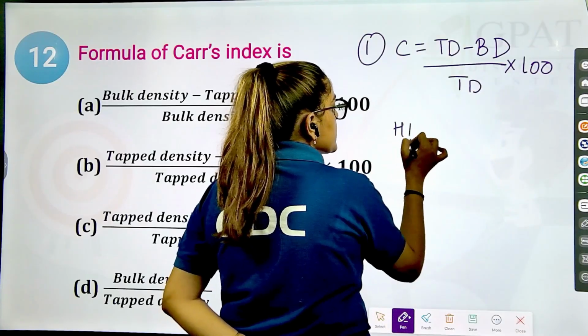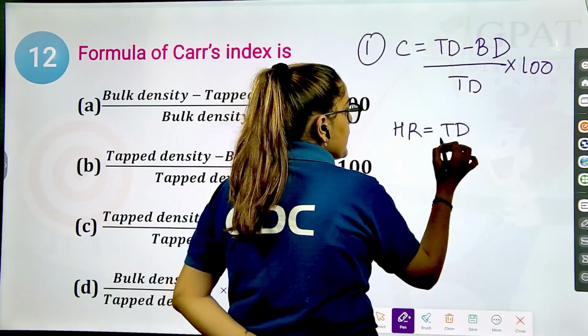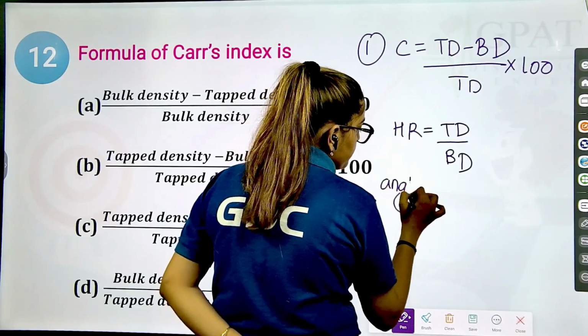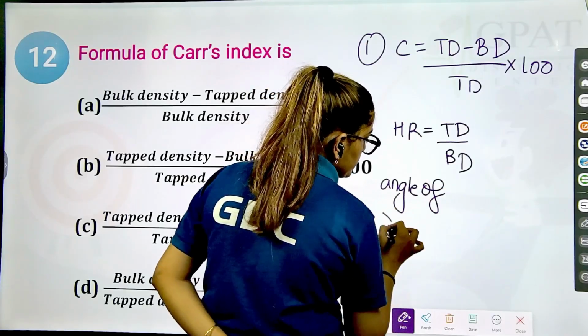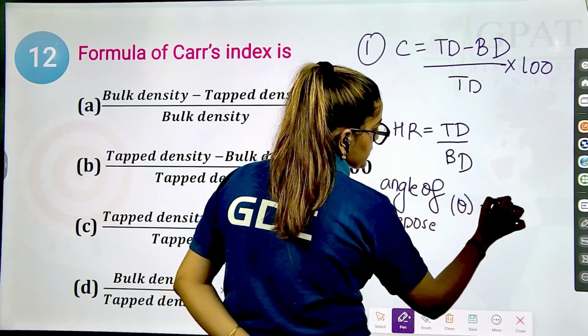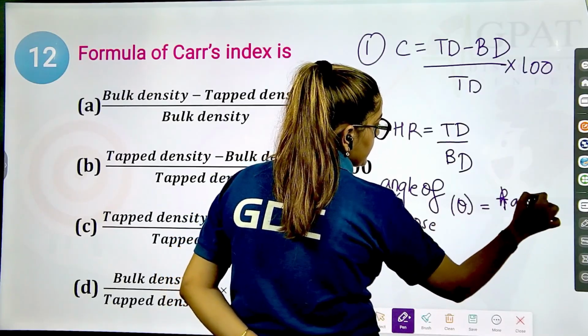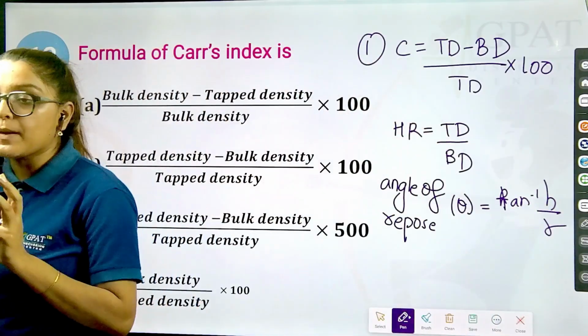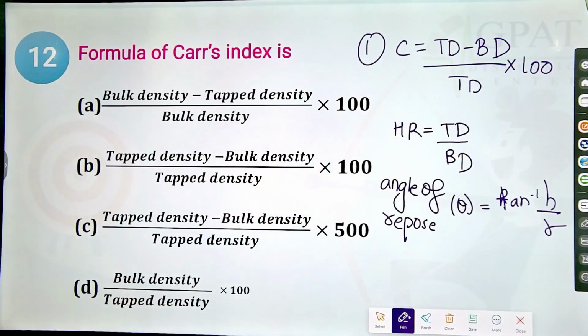For Hausner ratio, we have tap density upon bulk density. For angle of repose, theta equals tan inverse H upon R. So all these three methods are for the flowability of the powder.